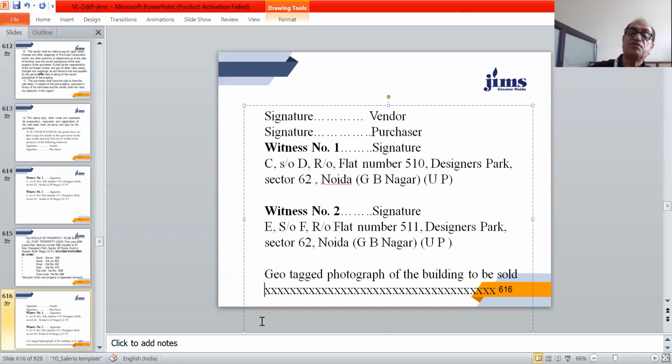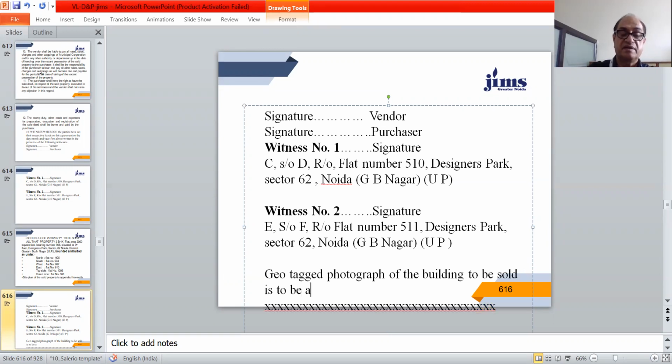So a geotag photograph of the building to be sold is to be added, is to be annexed in this agreement. This is to avoid the location disputes relating to immovable property.